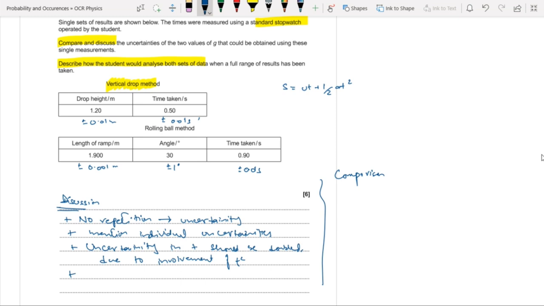So the percentage uncertainty would be lower. Larger time and length slash height of fall means smaller percentage uncertainty.